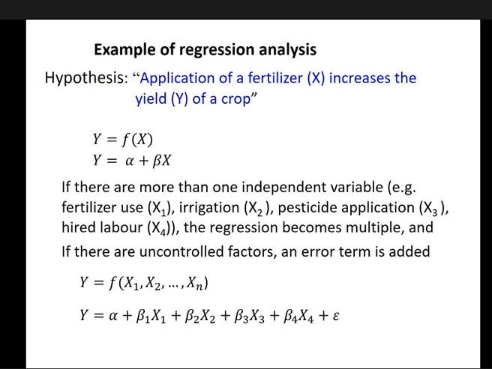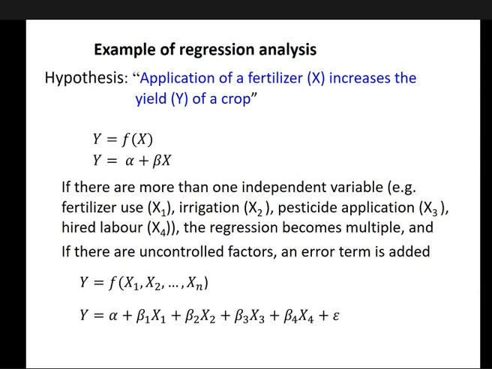Assume beta 1 equals 0.5 in your results. It means that if you increase the amount of fertilizer by, say, 1 kilogram per hectare, then the yield increases by 0.5 units per hectare, whichever units, whether kilograms or tons.